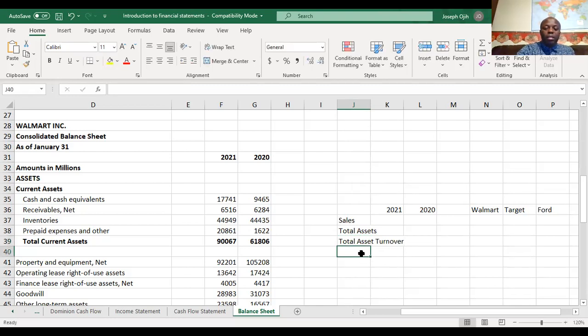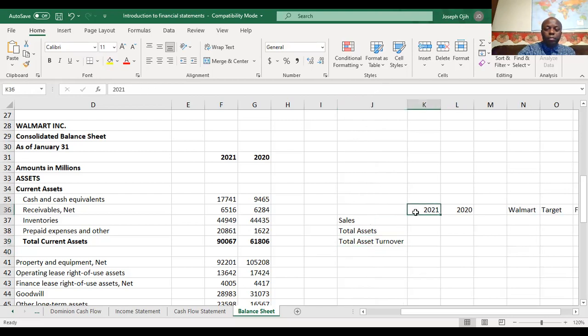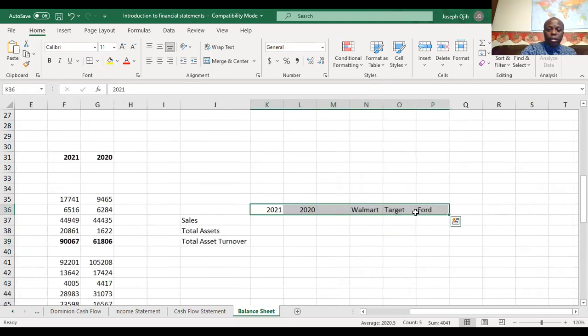Now, let me make this good for us. Make enough space here. Okay, good. I'm going to make this one bold so that it will be clear for all of us to see.